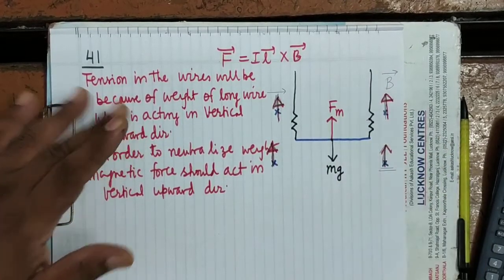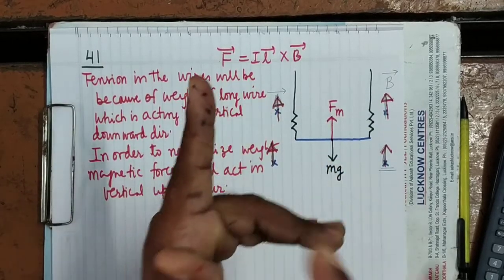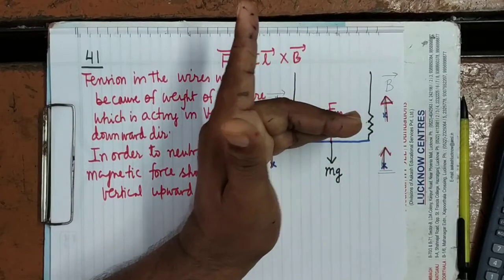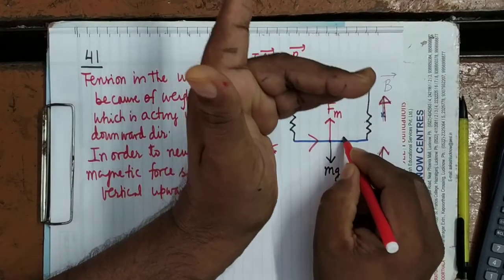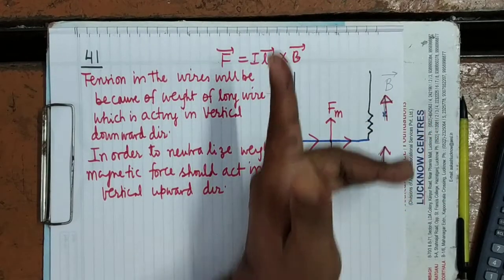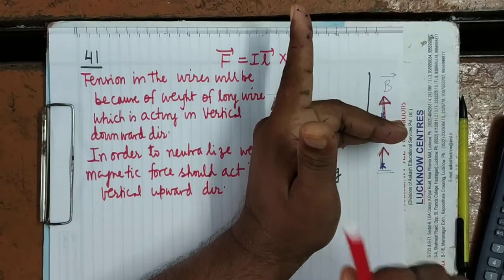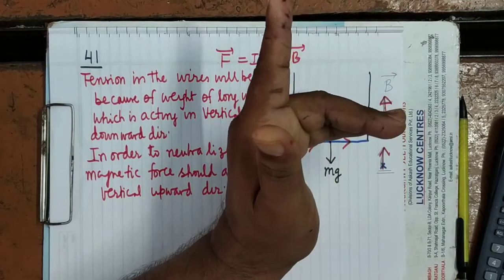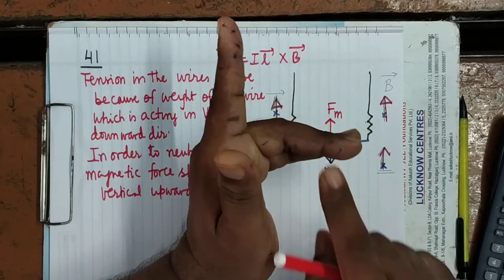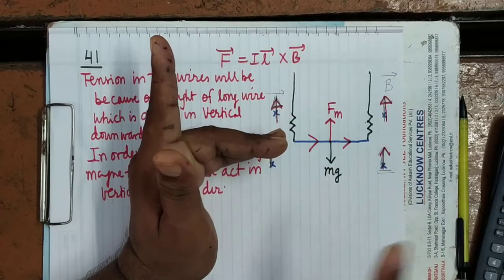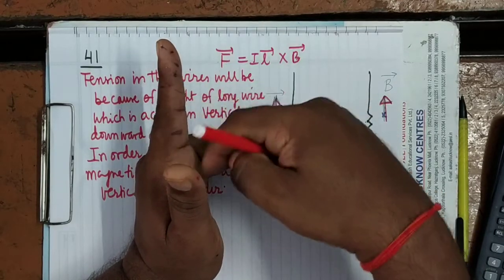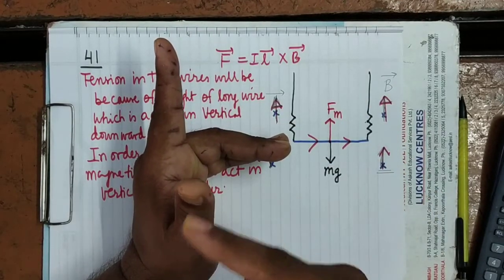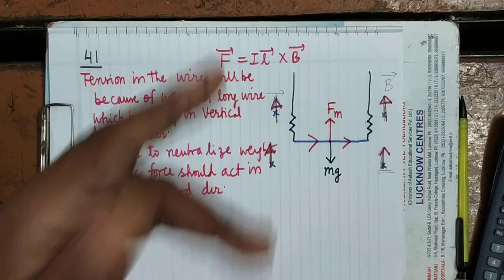So you can see here it is I, B, F. Here I, the current, is flowing in this direction, B is this. So F will act upward. Fleming's left hand rule. This is the direction of I, this is the direction of magnetic field, so F will be the direction of magnetic force. It is clear.